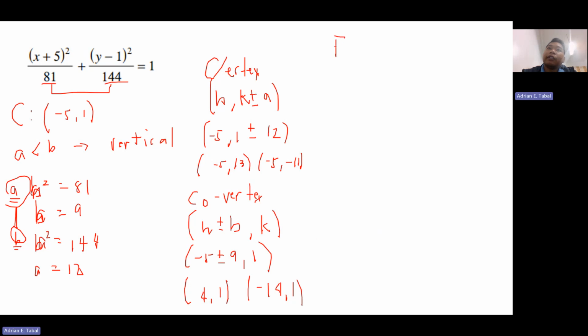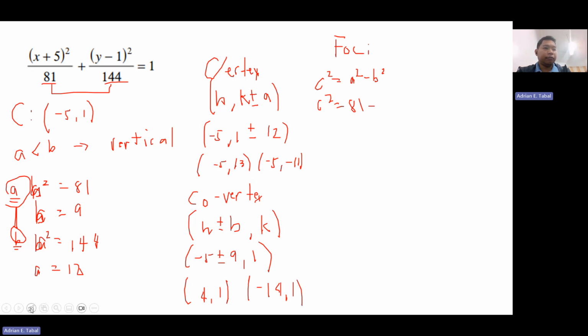Next, the foci, same formula. So we have c squared equals a squared minus b squared. So c squared is, a squared is 81 minus, oh, we have 144. That's our a squared.